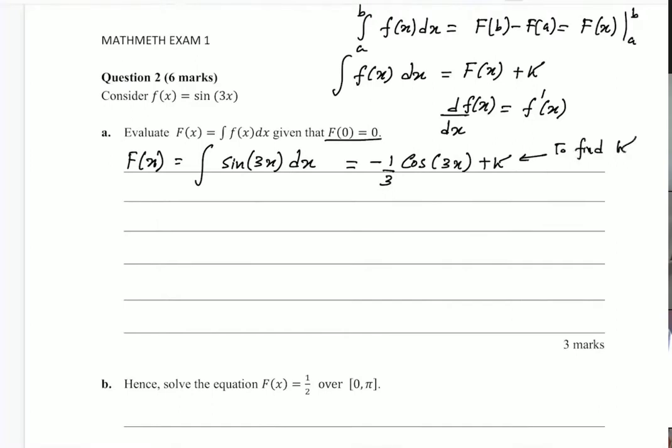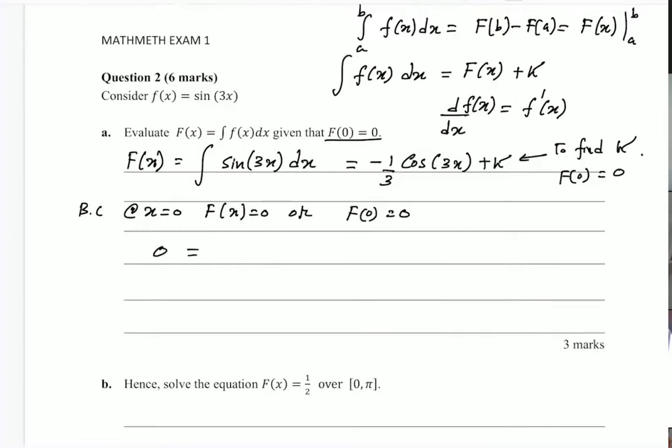So the boundary condition is that at x equal to 0, F(x) is equal to 0, which is what they have written: F(0) equal to 0. You have to understand the language.